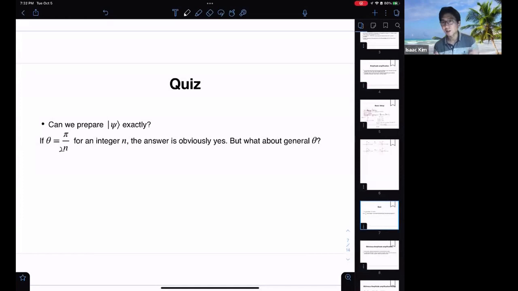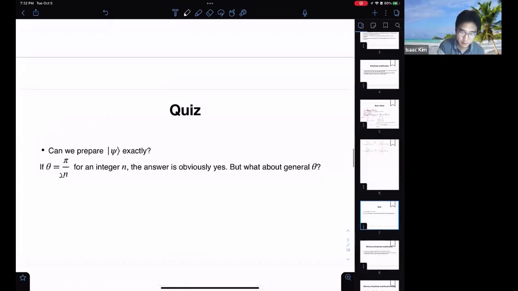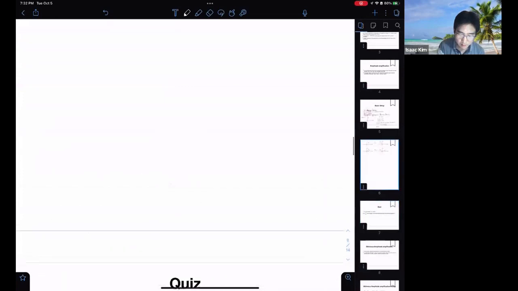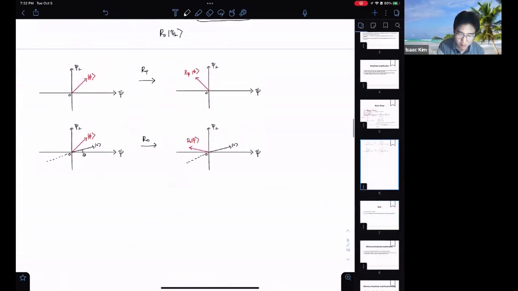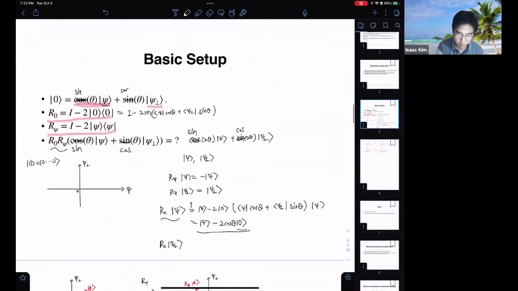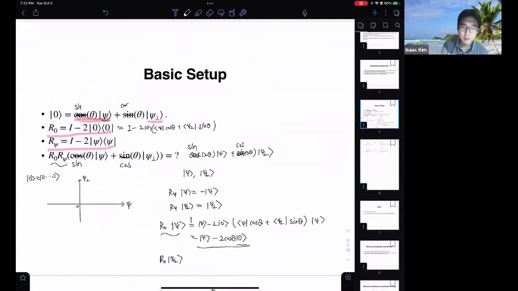So I just wanted to tell you how this works. The idea is that you artificially decrease your success probability. Remember, our setup was that you have this 0 state, which is sine theta psi plus cosine theta psi perpendicular.